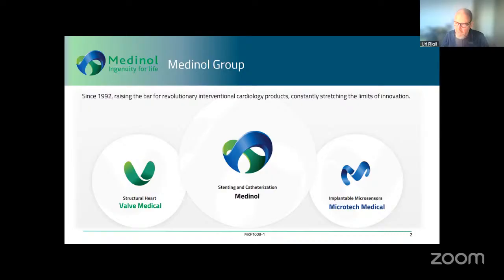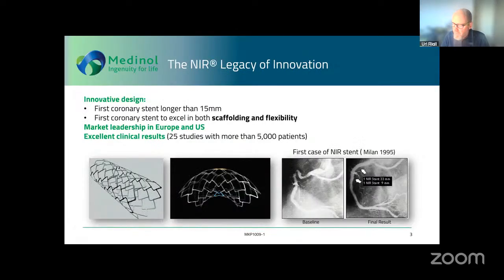And we have Microtech Medical that is working on designing micro sensors that can be attached to different implants. I think Medinol became very famous worldwide when we first introduced our near bare metal stent. It was an innovative bare metal stent that actually had two innovations. One, it was the first coronary stent that was longer than 15 millimeters.